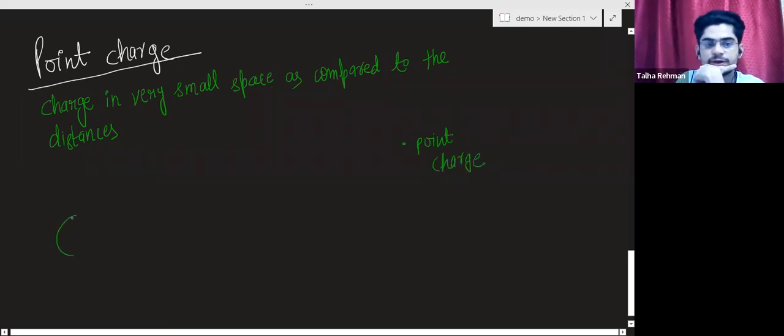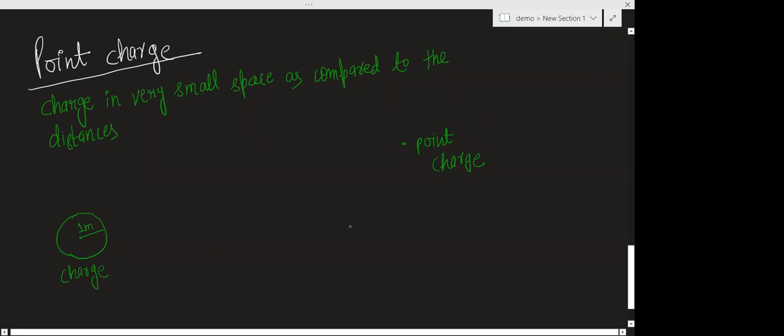Suppose I am taking a charge here whose radius is 1 meter. Can I say this charge is a point charge?